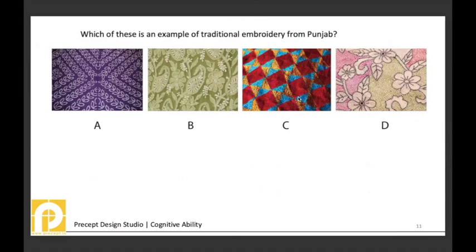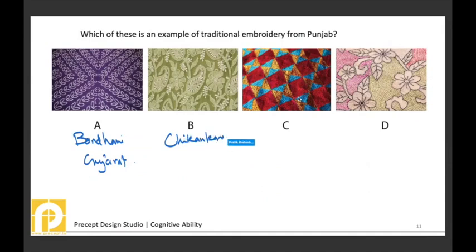Which of these is an example of traditional embroidery from Punjab? So we have to identify the traditional embroidery from Punjab here. The first one is Bandhani. Bandhani happens in Gujarat. Second one, option B, is Chikankari.